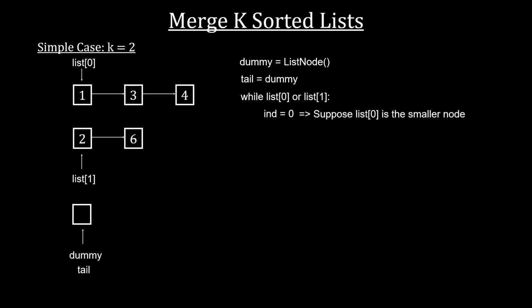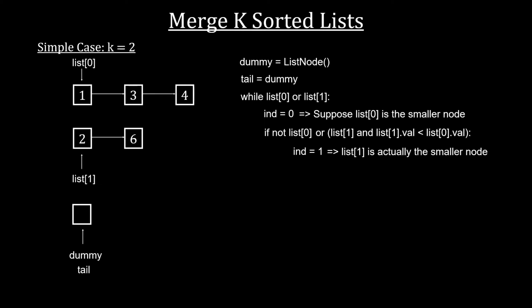Then we should check if list 1 is actually the correct node to be pushed into the answer. So, if either list 0 is null, or list 1 is not null and its value is less than the value of list 0, then index becomes 1. This means that list 1 is actually the smaller node.